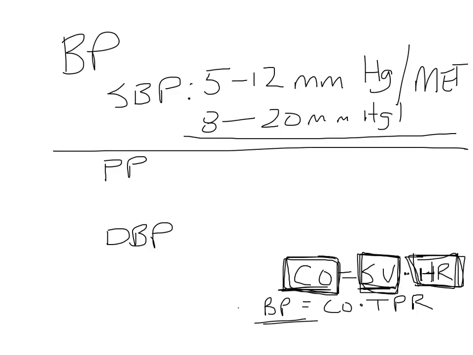Now, blood pressure is related to cardiac output. So blood pressure, therefore, has a fairly regular, required, or highly associated increase in quantity with increases in metabolic equivalents, increases in workload. That's helpful. That is very helpful.